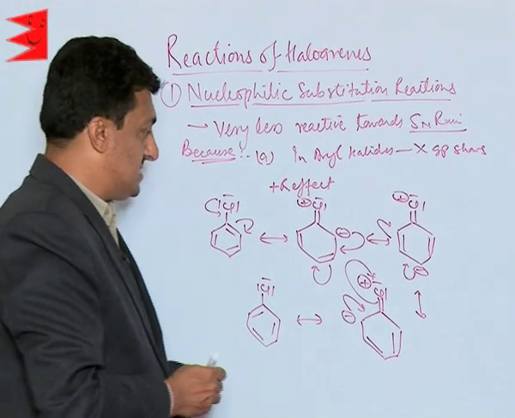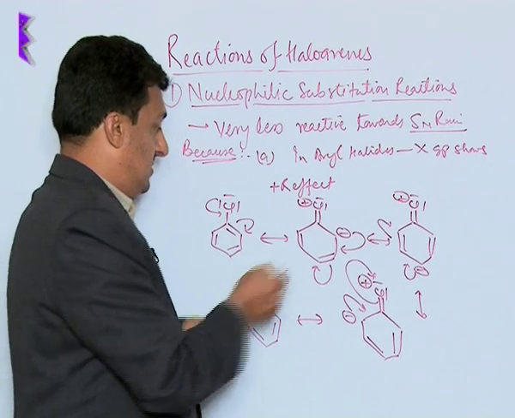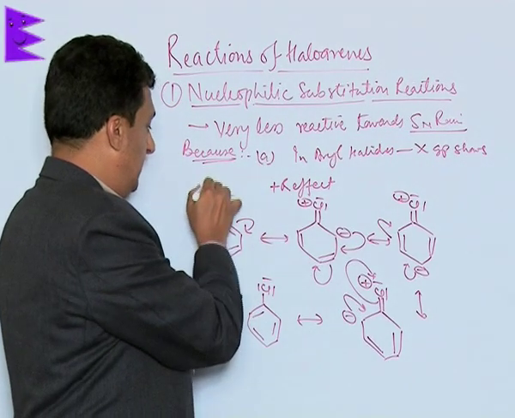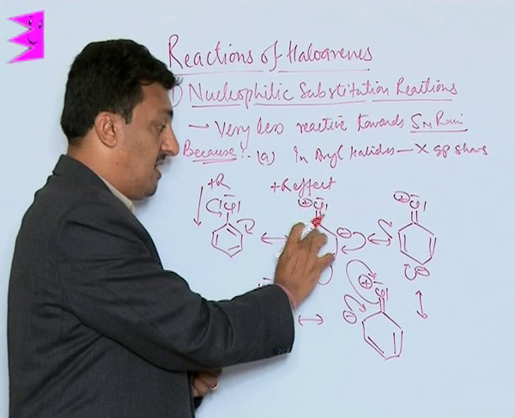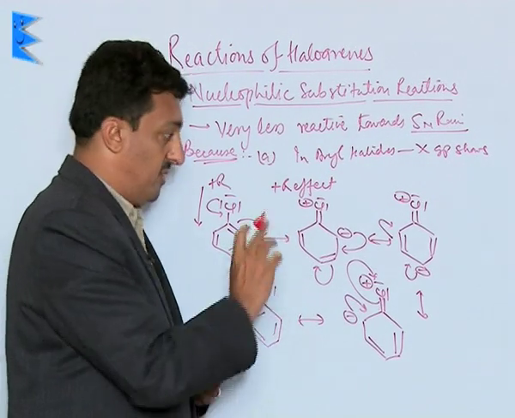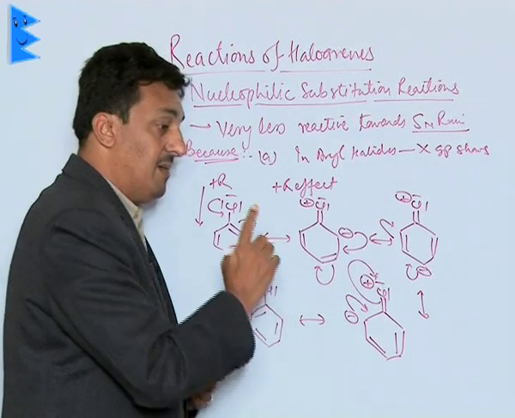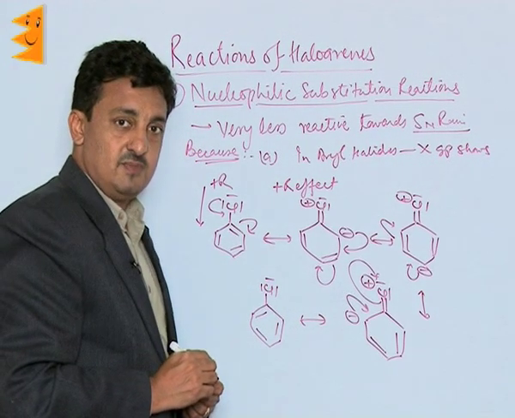Now what we find is, due to this plus R effect, the halogen and the carbon bond, that is one most important thing to notice, has a partial double bond character.